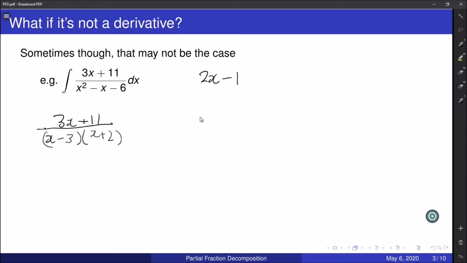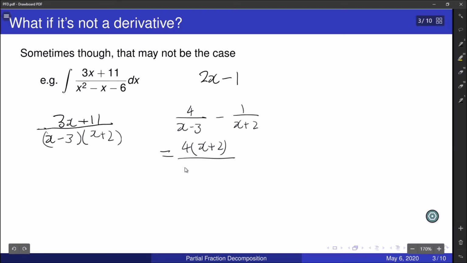Interestingly enough, just bear with me for a minute, 4 over x minus 3 minus 1 over x plus 2 equals 4 times x plus 2, plus x minus 3, over x minus 3 times x plus 2.